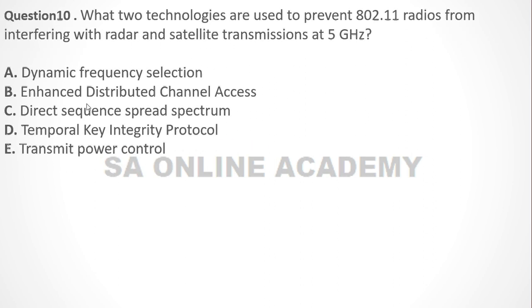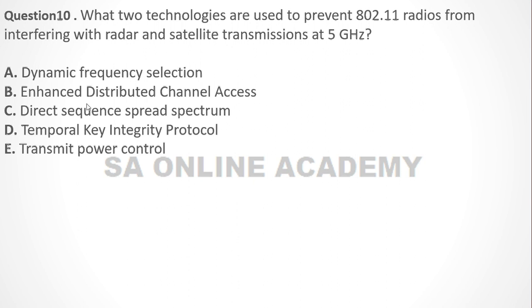What two technologies are used to prevent 802.11 radios from interfering with radar and satellite transmission at 5 GHz? The options are DFS, ED, Enhanced Distributed Channel Access, Direct Sequence Spread Spectrum, Temporal Key Integrity Protocol, TPC, Transmit Power Control.